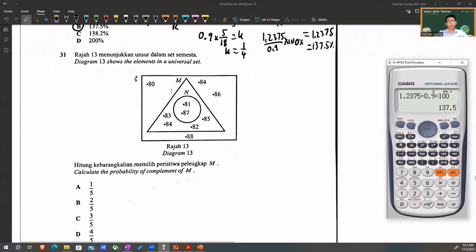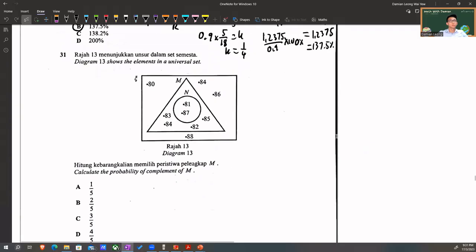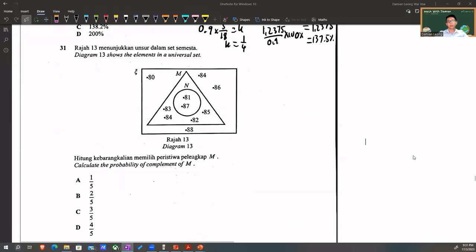Then question 31. So I have elements in universal set. I want probability of complement of M. Complement of M means these 4 values.